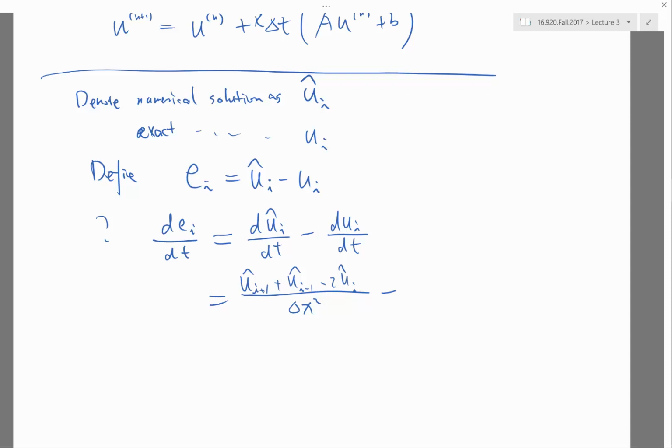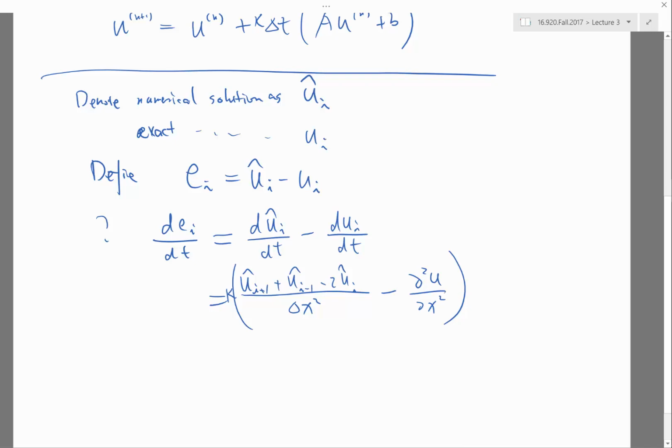That's how the numerical solution would evolve. How does the analytical solution evolve? What equation does the analytical solution satisfy? Yes, the differential equation, right? Okay, good.